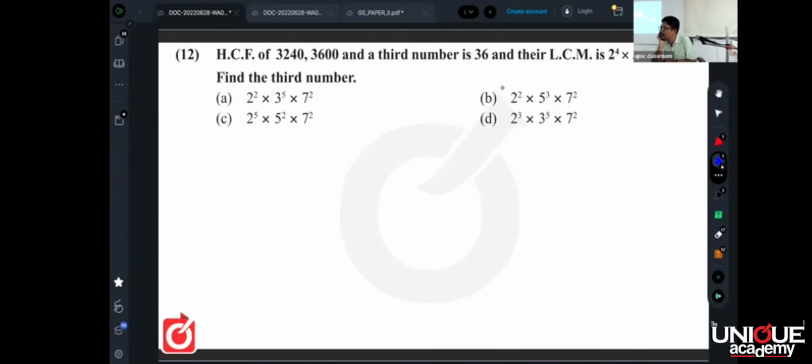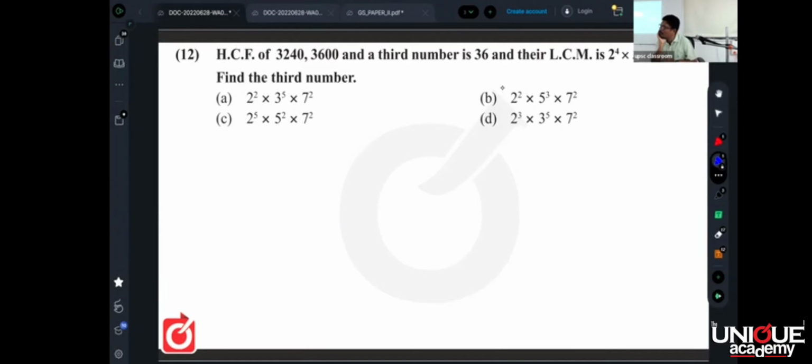Then HCF. No, you found the HCF of 3240 and 3600 only. Good. So options A and D are remaining. Those two will remain after that. Okay. So how do you eliminate D? Option D. How do you eliminate that one?